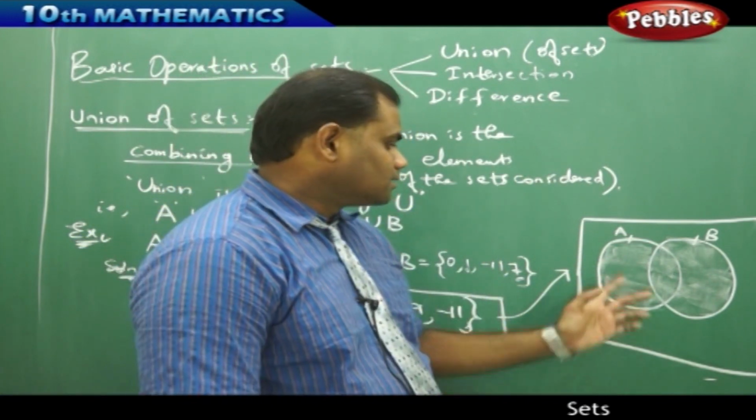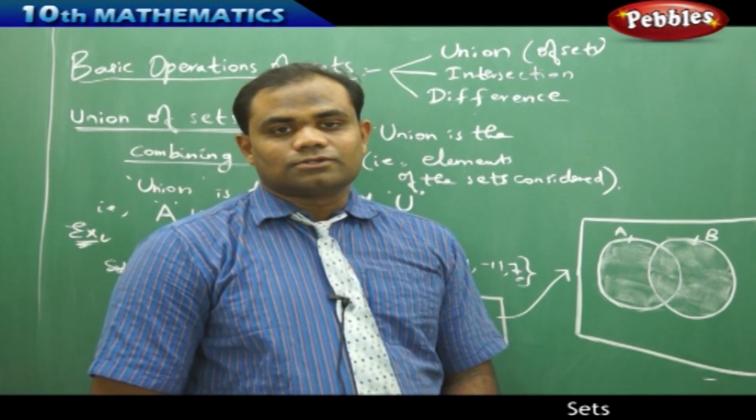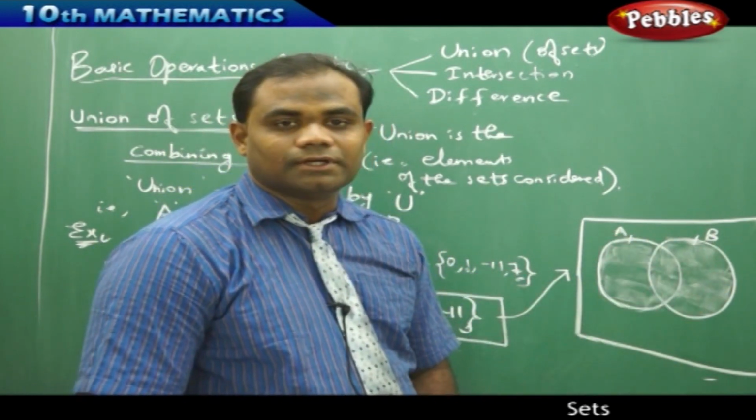Now, what comes inside A and B? The union of two sets is the shaded region here.